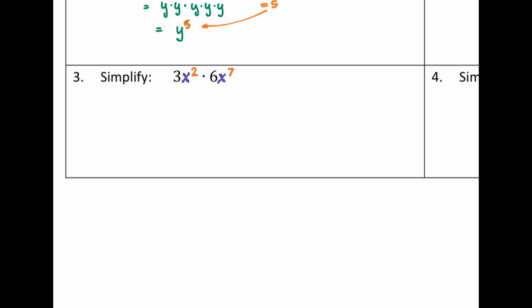So that part becomes x to the ninth because we added 2 and 7. What do we do with the 3 and the 6? These are whole numbers like we've always done, and we're timesing them like we've always done. So it's 18x to the ninth.